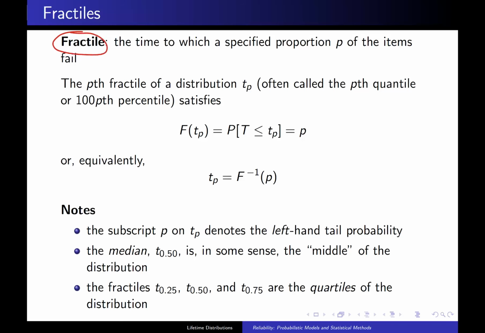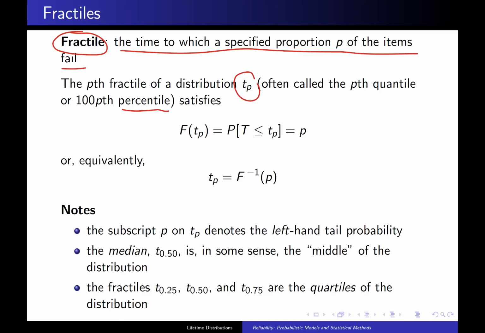Now we switch over to fractiles of a distribution. This is the time by which a specified proportion p of the items fail. So for example, the pth fractile of a distribution, written as t with the subscript p, often called the pth quantile or the 100pth percentile, satisfies the following equation.